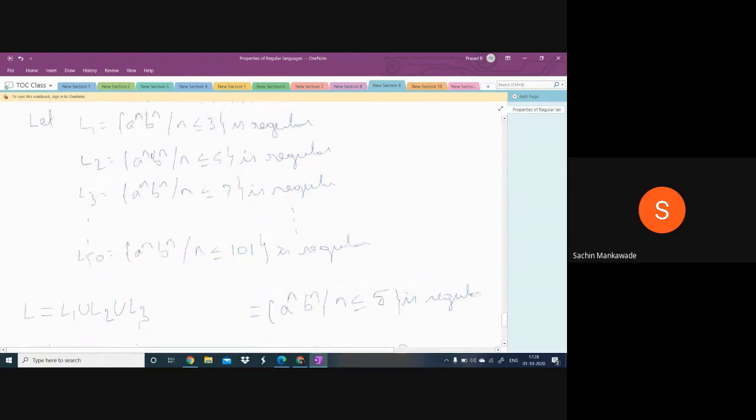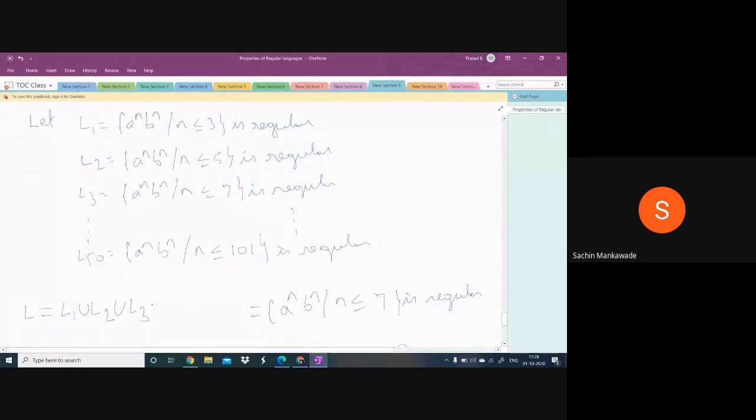Like that, if I take the union of one more language, L1 union L2 union L3, then what will be the union of all these? It will be a^n b^n with n less than or equal to 7. So this is also regular because the relation is finite.